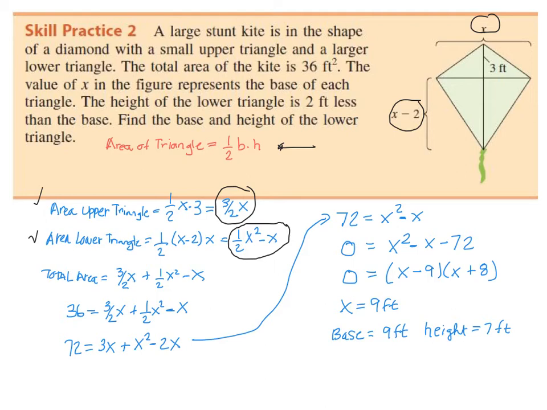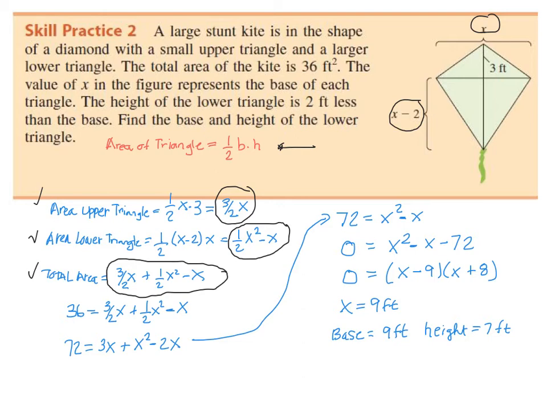Now we have to look at the total area. The total area is the upper triangle plus the lower triangle, and so we substitute that in, and we get 3/2 x plus 1/2 x squared minus x.